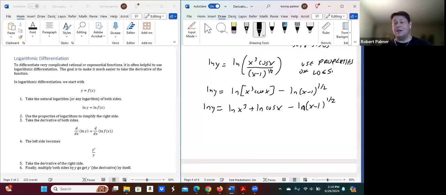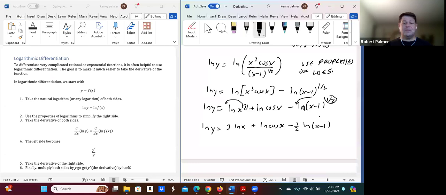Let's also use our other property of logarithms, where I can bring the powers down front, to make this even easier to work with. So the natural log of y is equal to 3 times the natural log of x plus the natural log of the cosine of x, then minus 1/2 times the natural log of x minus 1.